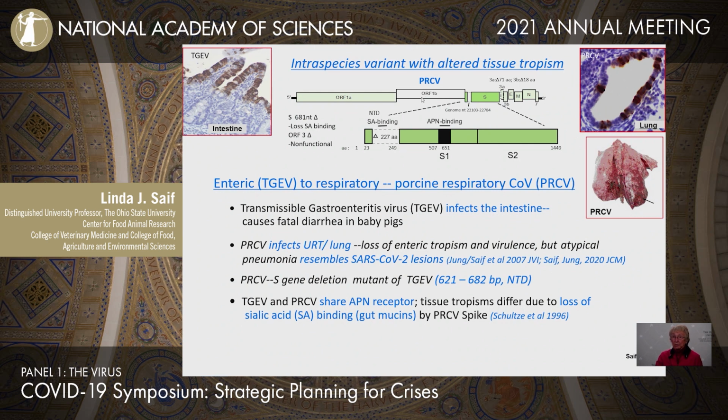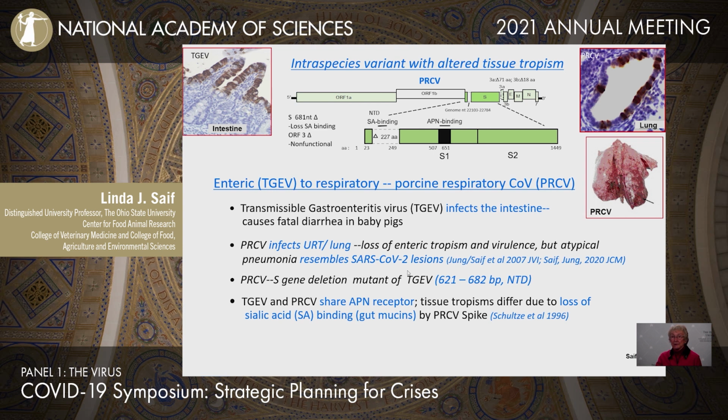So I'm going to also now show you an example of interspecies variants with altered tissue tropism, and a very good example is the change in the enteric coronavirus, transmissible gastroenteritis, to a respiratory tropism, the porcine respiratory coronavirus variant.